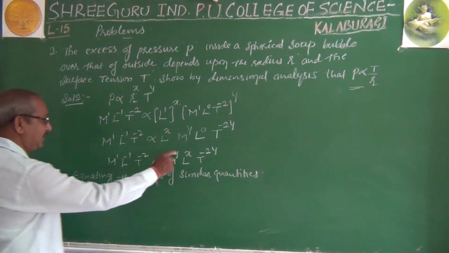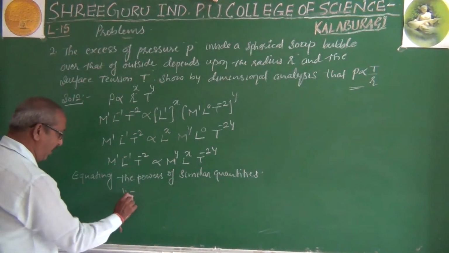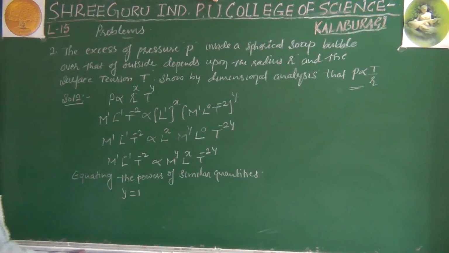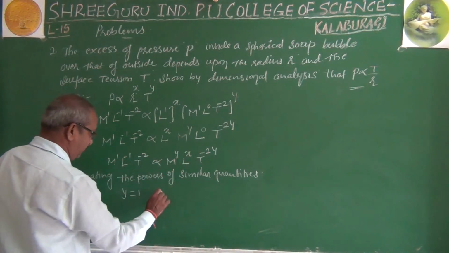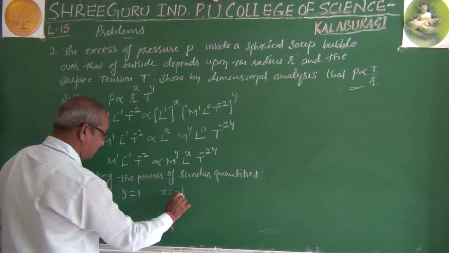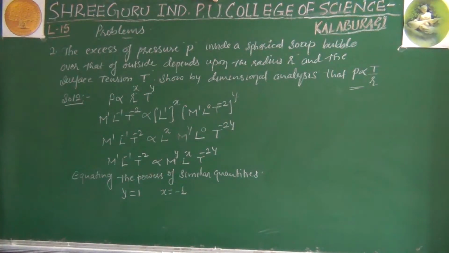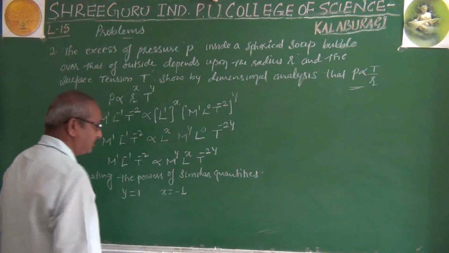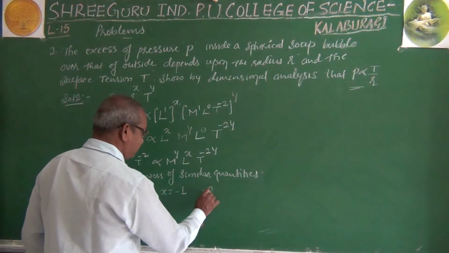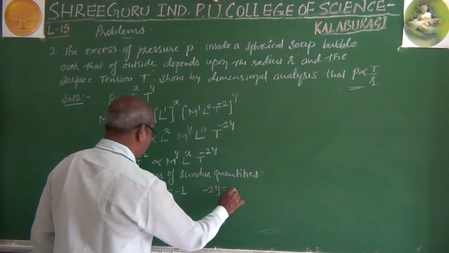So power is 1, here power is y. Therefore, y equal to 1. Then L raised to minus 1, here L raised to x. Therefore, x equal to minus 1. And one more: T. Here T raised to minus 2, here T raised to minus 2y. Therefore, minus 2y equal to minus 2.